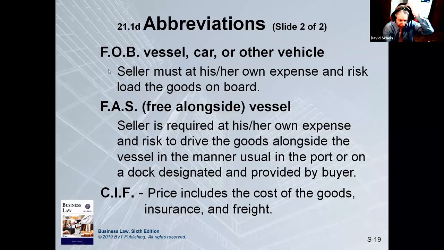Another term, so FOB is a very common term, FAS less well known. CIF, price includes the cost of goods, insurance, and freight. C, cost of insurance and freight are included. This is probably most commonly an acronym that you don't see, but that's kind of the Amazon deal.